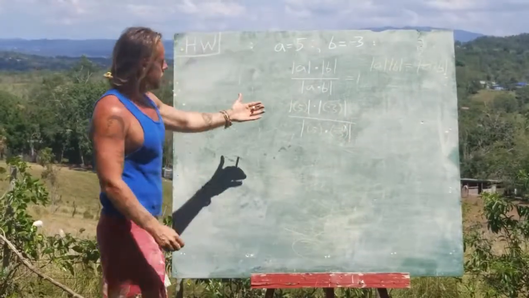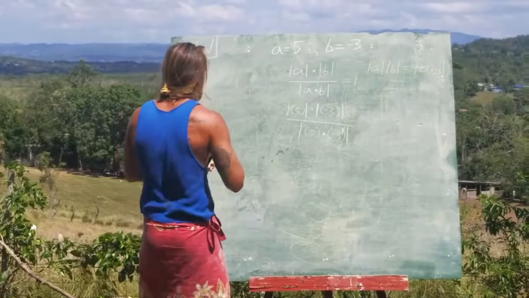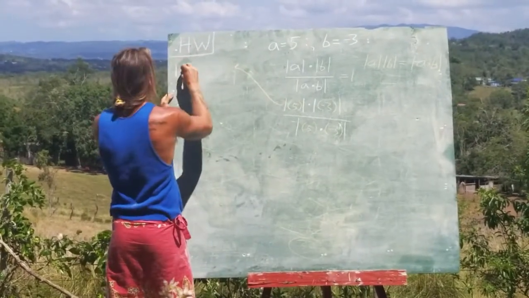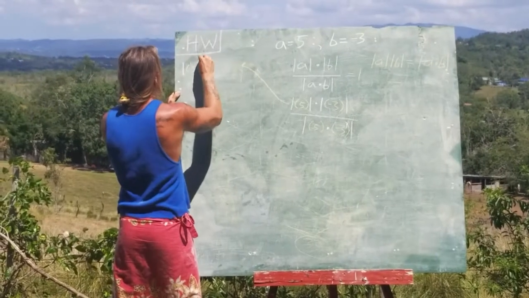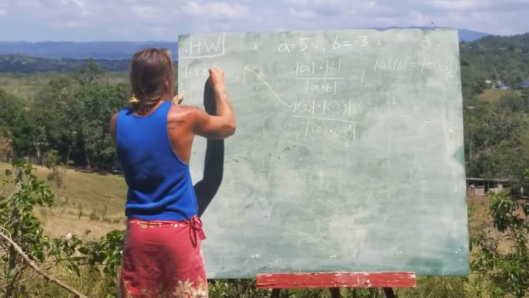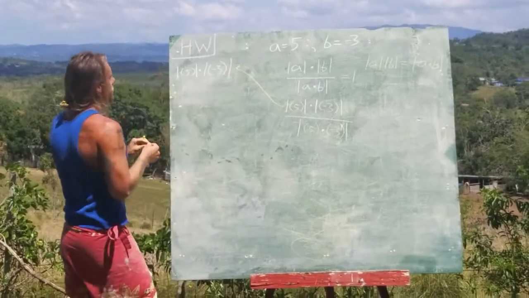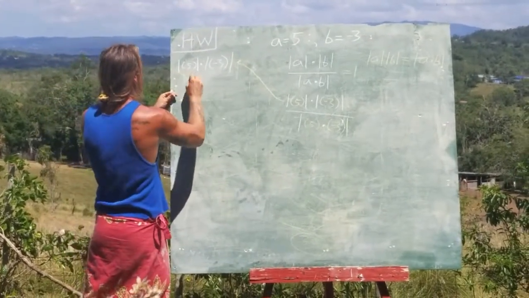All right, let's go through and we'll deal with the numerator first. The absolute value of 5 is 5.